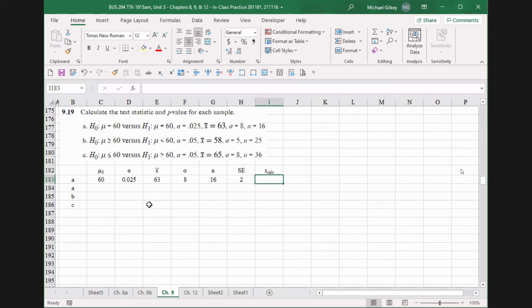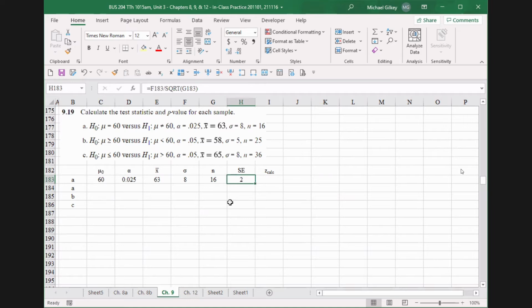Very good. It's going to be positive, but can you tell me what the value is? One and a half. How far is 63 from 60? 3 units. How many standard errors is that?